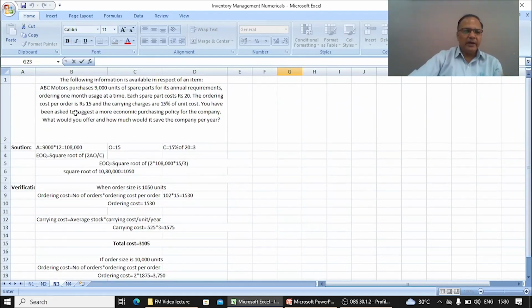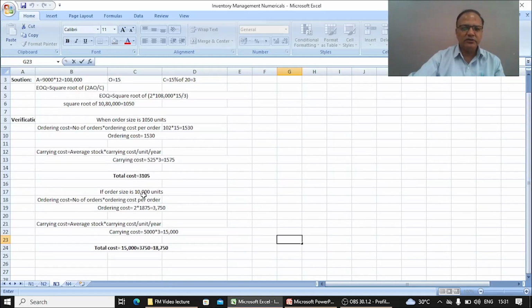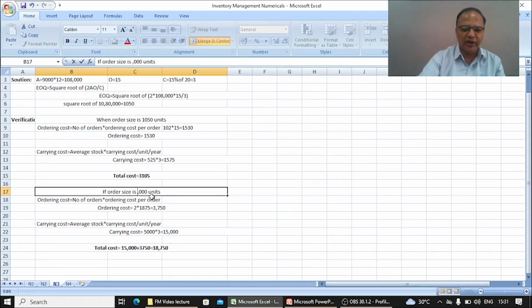If we see the problem again, the company is purchasing 9,000 units and giving 12 orders in a year. So let's find out the cost when 9,000 units are ordered.